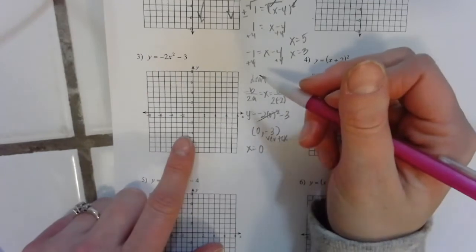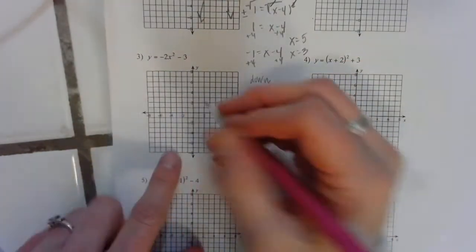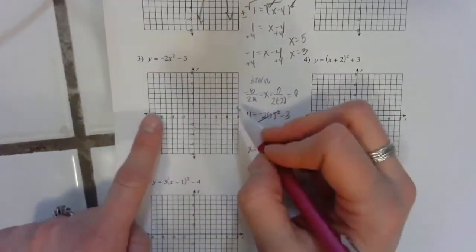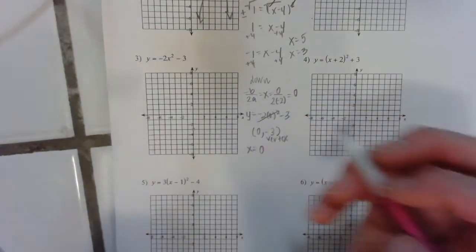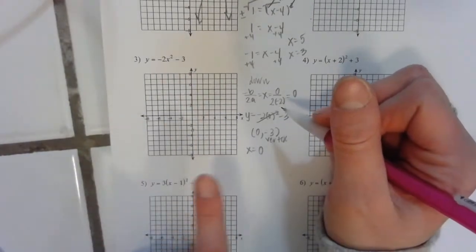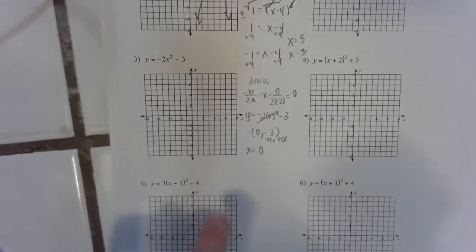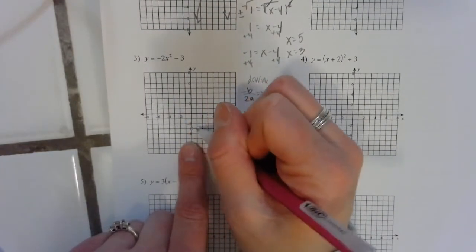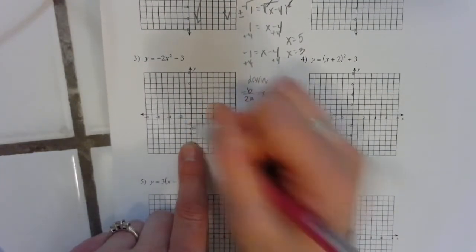So we're going to graph 0, negative 3, which is here. Since it opens down and doesn't touch the x-axis, we just need to pick a value to plug in for our x to figure out what our ordered pair is going to be. So I'm going to just pick 1 because you want to stay really close. So I would either pick 1 to the left or 1 to the right of wherever your vertex is.